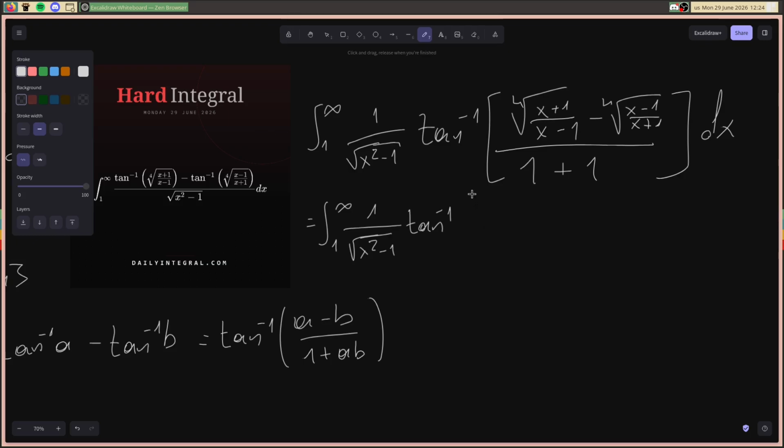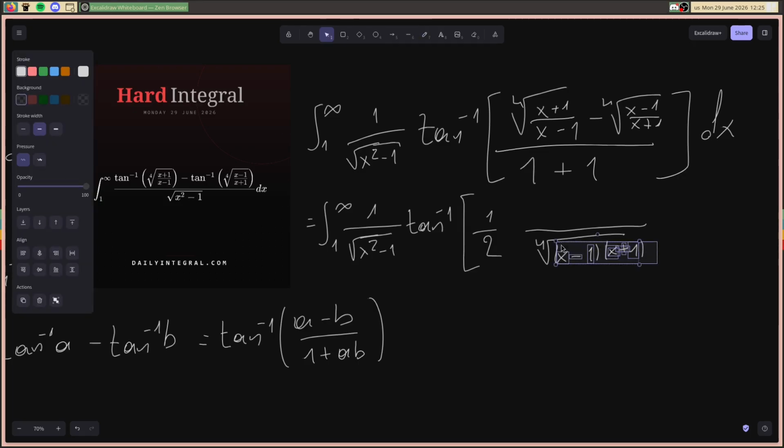And now the numerator, what we're going to do is make a common denominator here. So there's a factor of 1 over 2, and then a common denominator which is going to be the fourth root of x minus 1 times x plus 1, which we know is just the difference of squares formula.